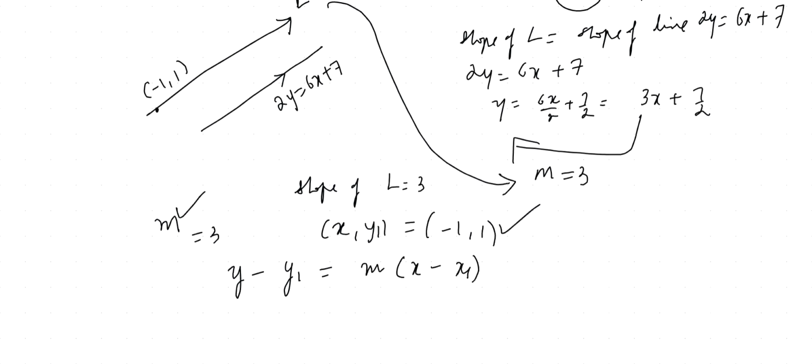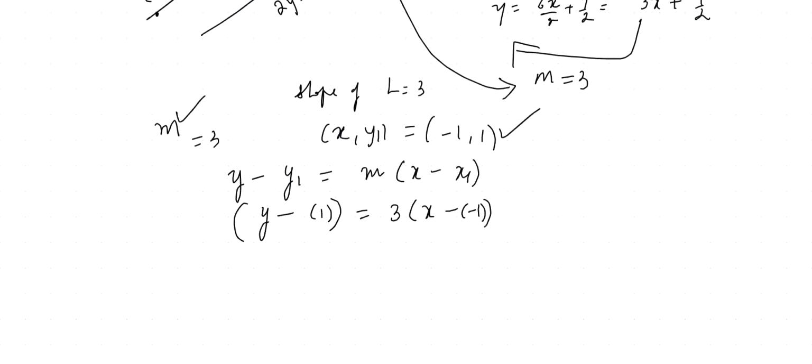So y minus 1 is equal to 3 times x minus x1, and x1 is -1. So y minus 1 is 3 into x plus 1, that is, y minus 1 is 3x plus 3.